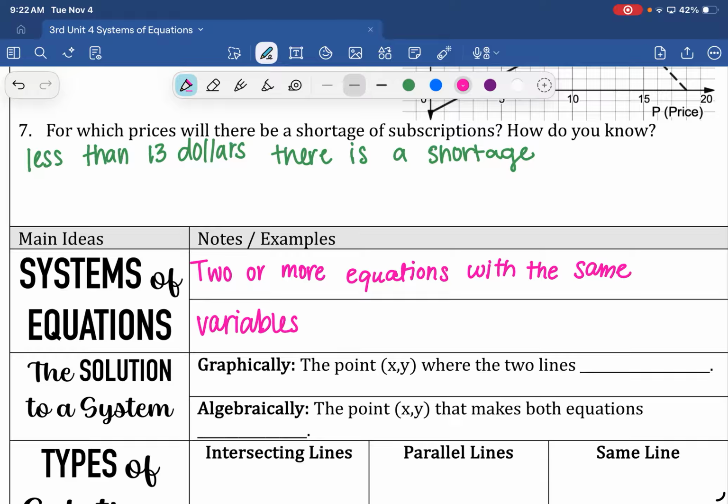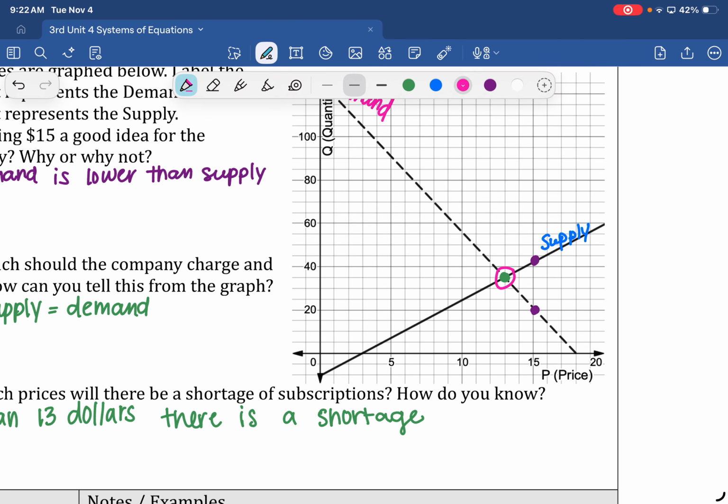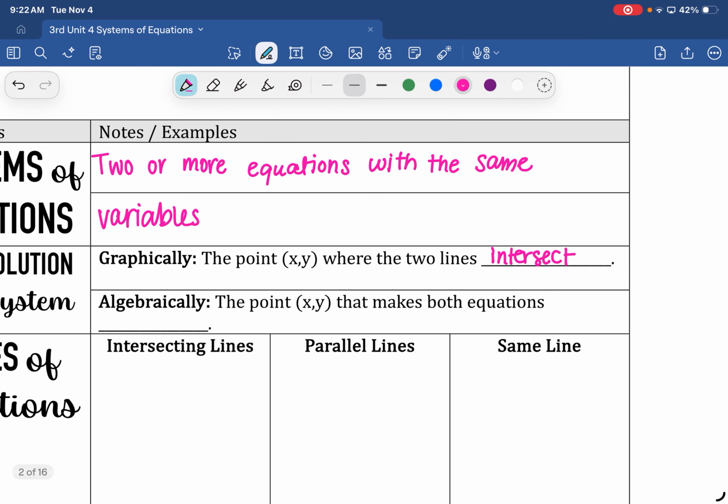To find the solution graphically, you are looking for the point where the two lines intersect. So graphically, where they intersect. So in this example here, we could see it at 13. Algebraically, it is the point that makes both equations equal, okay? Or we can say makes both equations true.